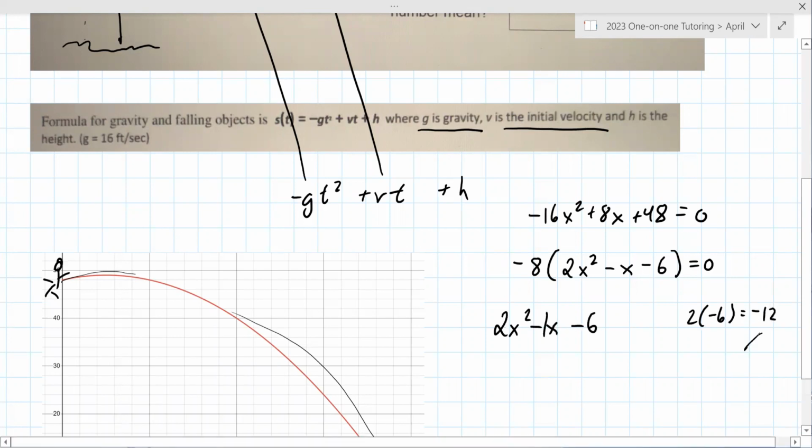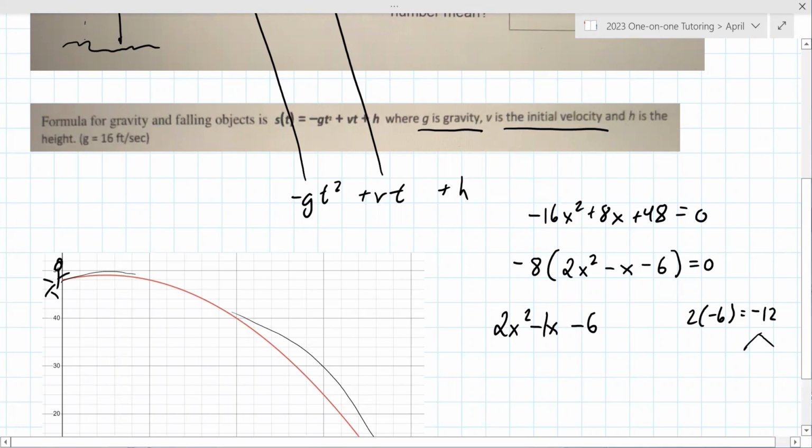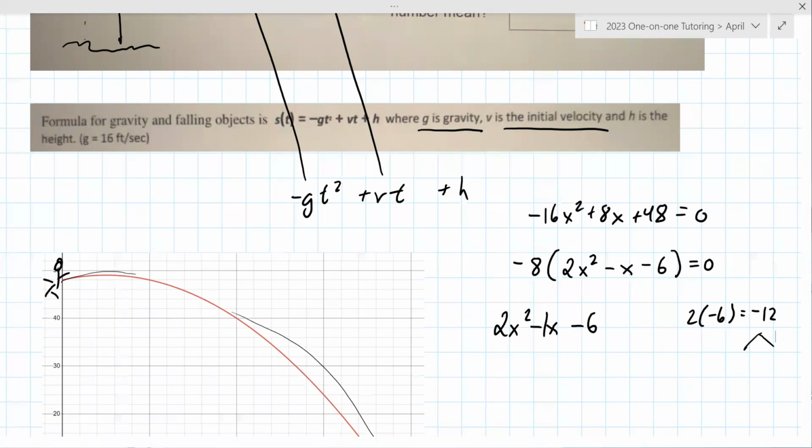You're looking for two numbers that multiply to minus 12, but add to -1. -3 and 2?